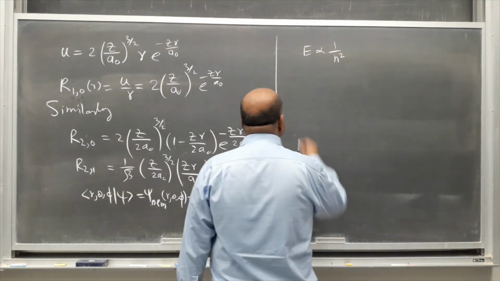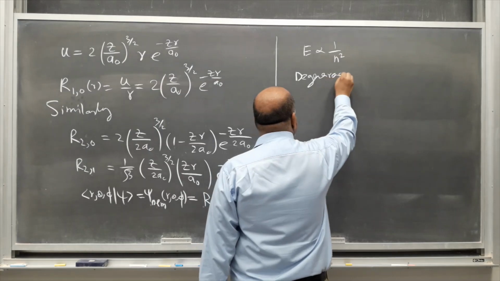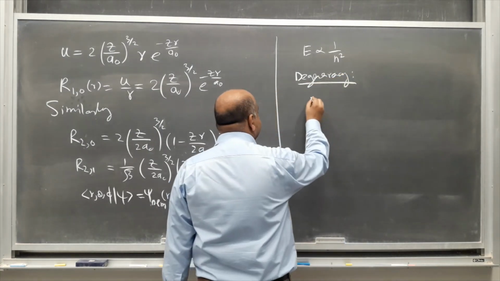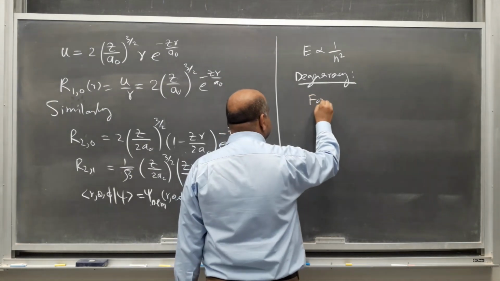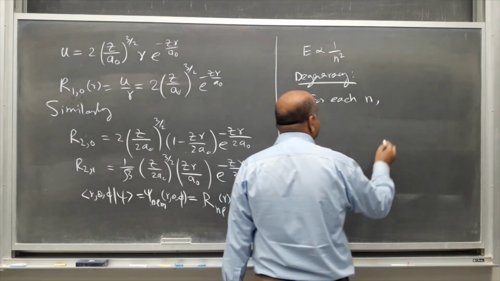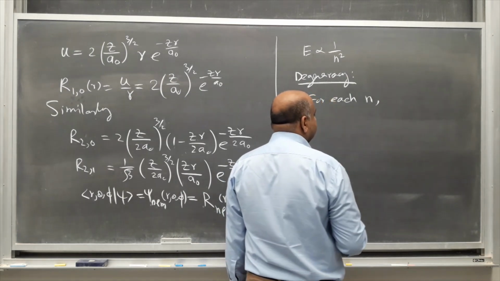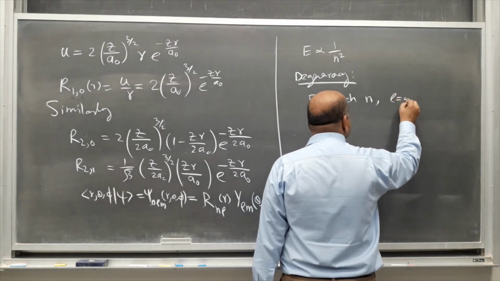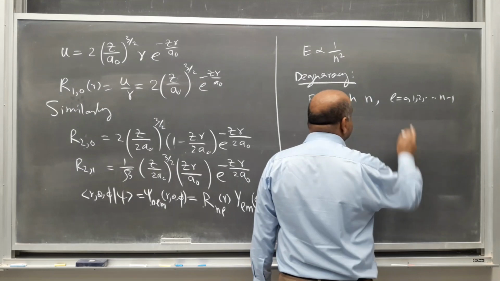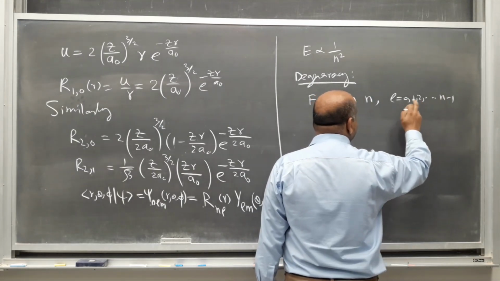And let's work out the degeneracy of these solutions. We see that for each value of n, there are n values of L, because L goes from 0, 1, 2 up to n minus 1. So these are n values. If n is 3, this is 2, so 1, 2, 3 values.